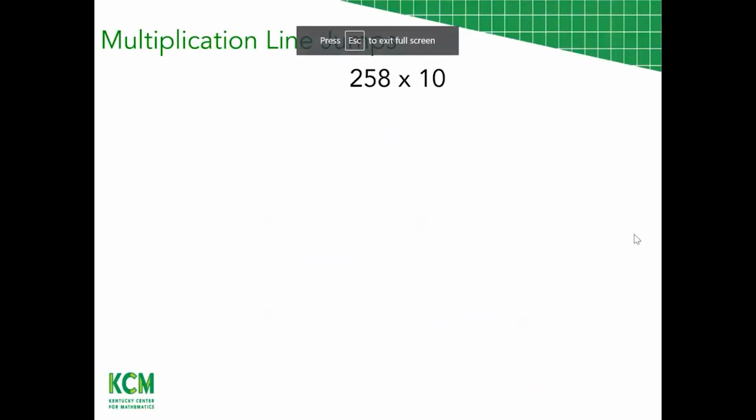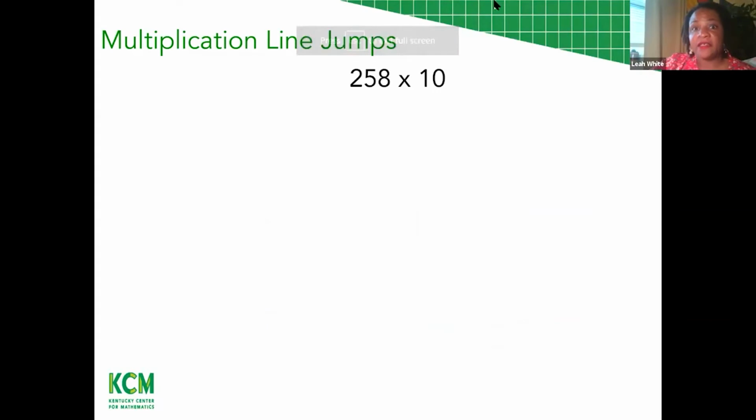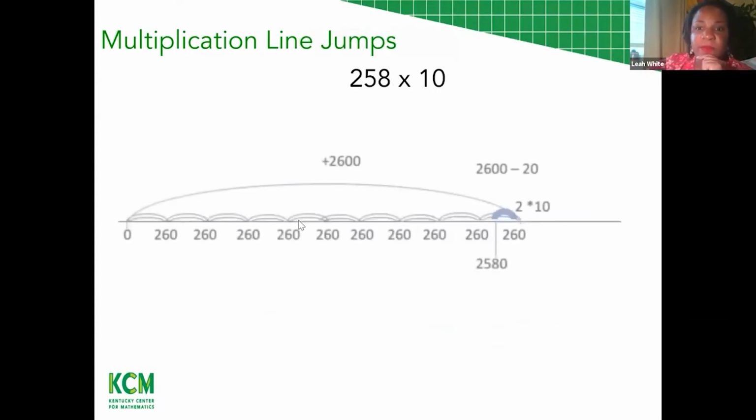Fantastic. So then if we're looking at multiplication jumps with numbers beyond 100, we can do the same thing. I kind of put a visual here. So you can do these 10 hops. We can decompose 258 and change that to 260, right? And then we can think of 10 hops of 260.